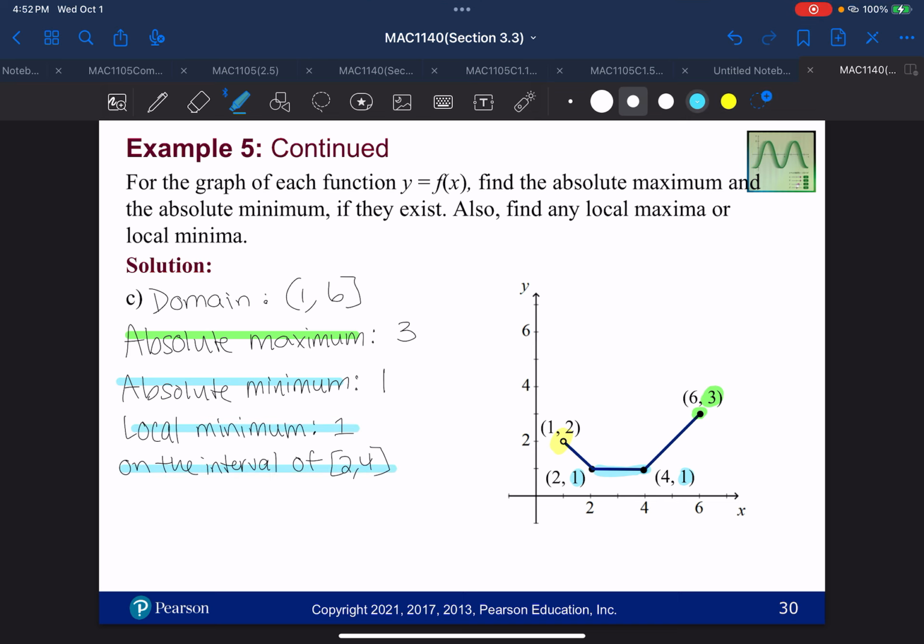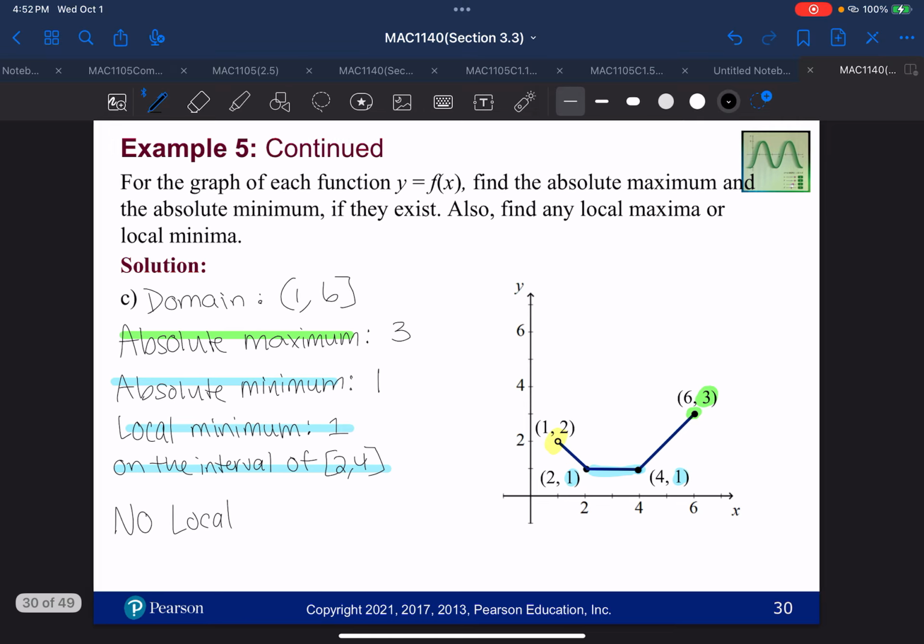So the actual local minimum is equal to 1, but it occurs on the x values from 2 to 4. And then there will be no local maxima.